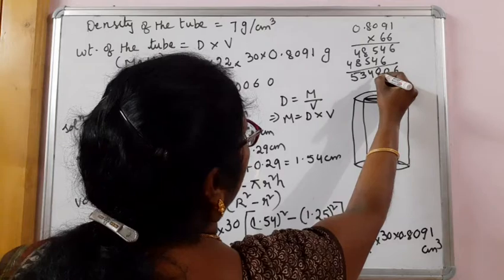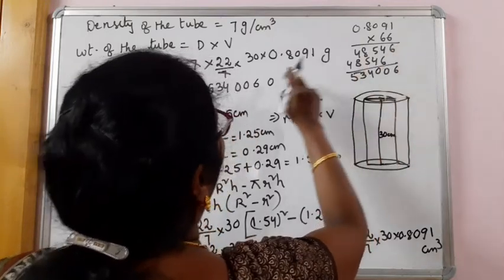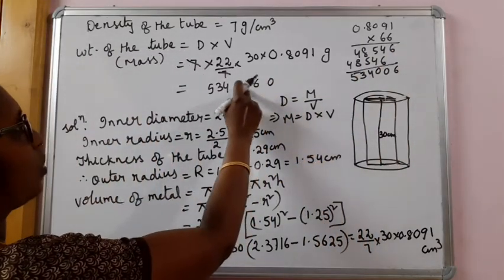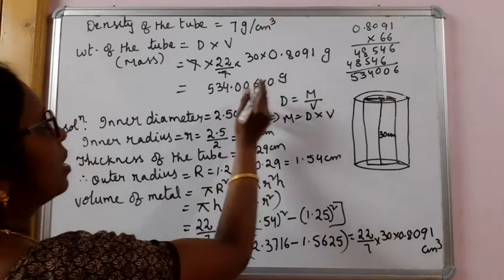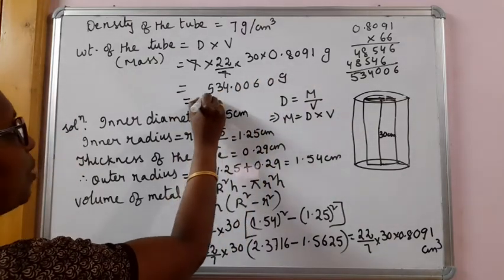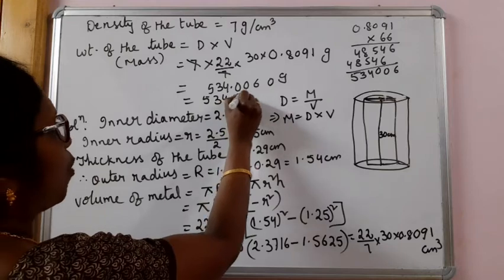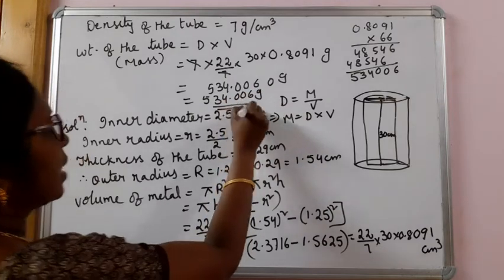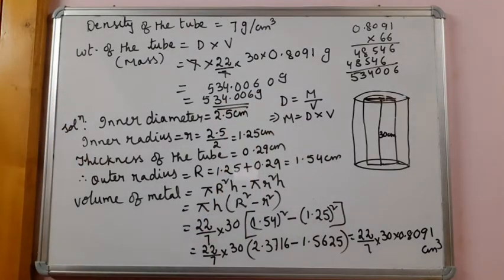After 4 places there is a decimal: 1 2 3 4. This 0 is there, 1 2 3 4 here, grams. So towards the last, this means 534.006 grams. 534.006 grams is the weight of the metallic tube.